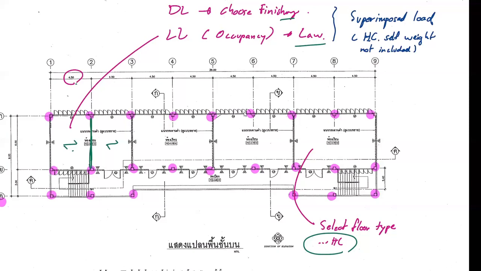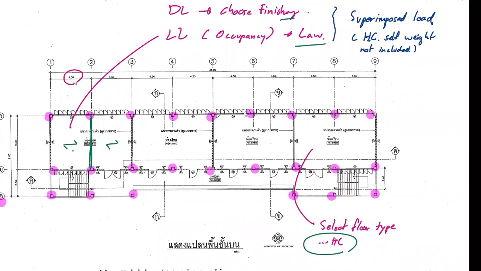I will try to post the information about the hollow core in here, and you can use that to select the hollow core. And once you know the hollow core, you will know how much your floor weighs, and you can go ahead and try to approximate the load that your columns have to carry.